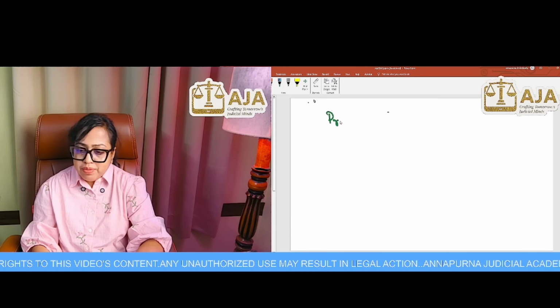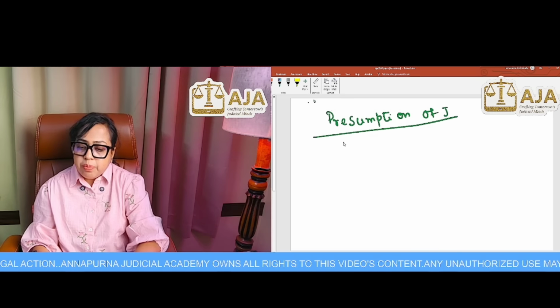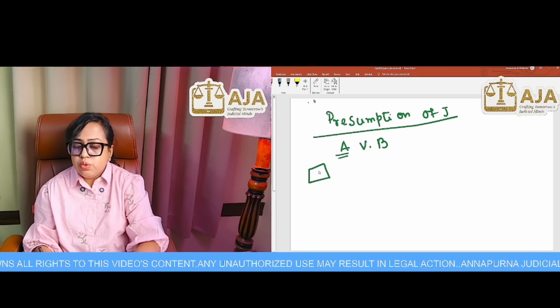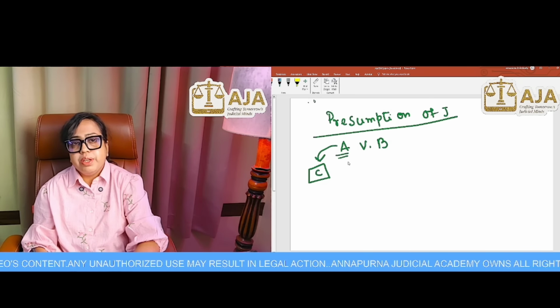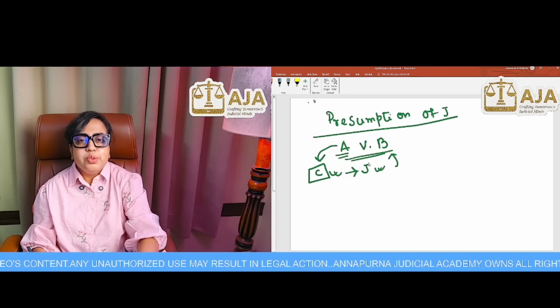See, presumption of jurisdiction means, suppose A has filed a suit in this court against B. Now, this court will presume that it has the jurisdiction to try this suit, that is A versus B. Whenever a suit is filed in a court, that court will presume that it has the jurisdiction to try this suit.